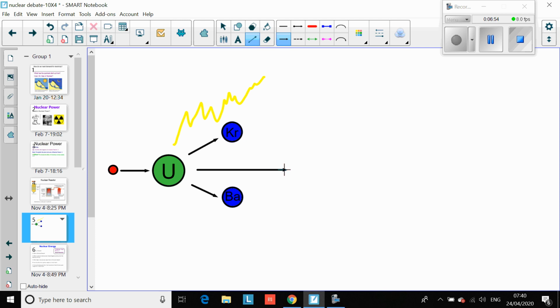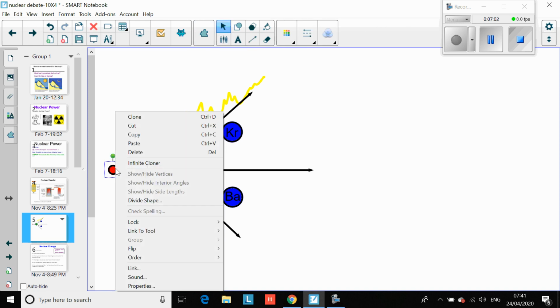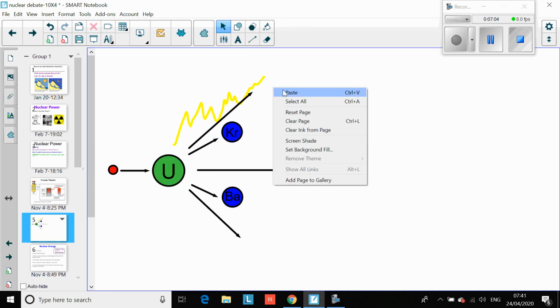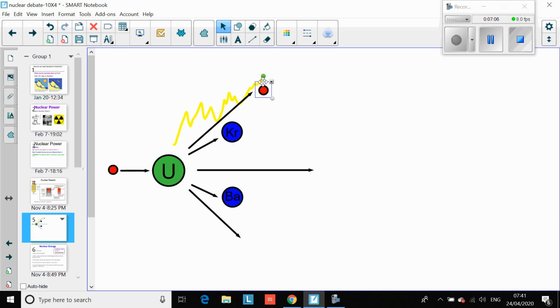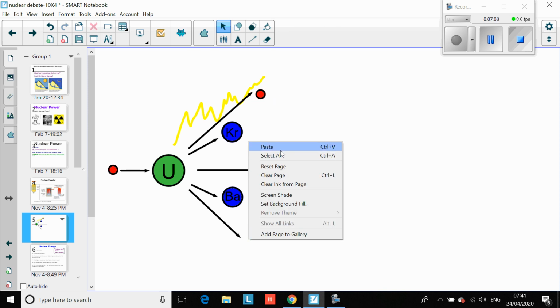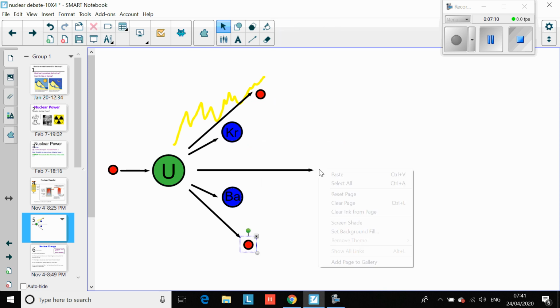Okay, it also releases some extra neutrons. So there, and there. Now, what that means is these neutrons can then go on and do something rather strange.